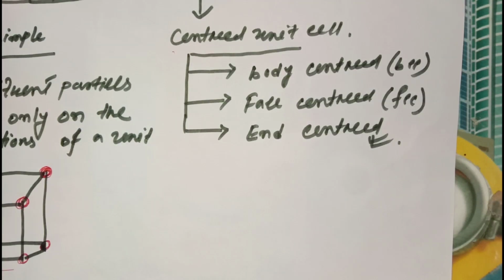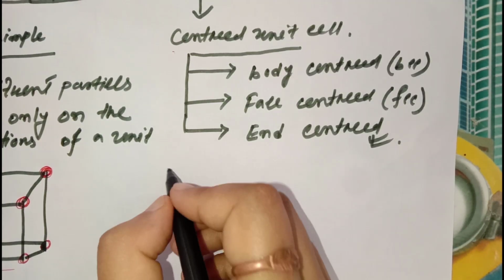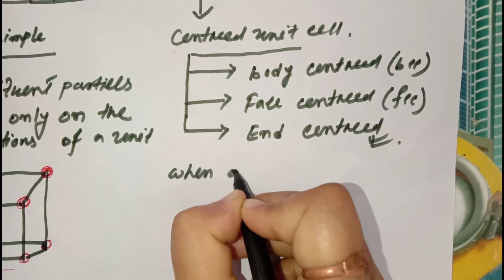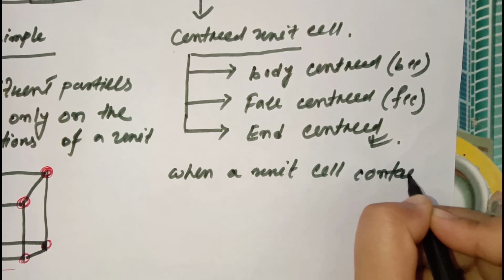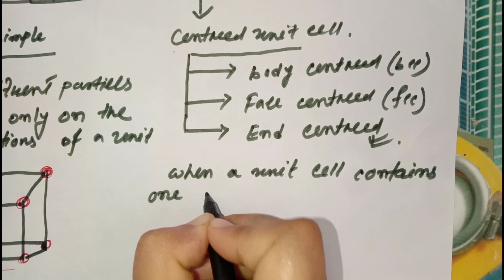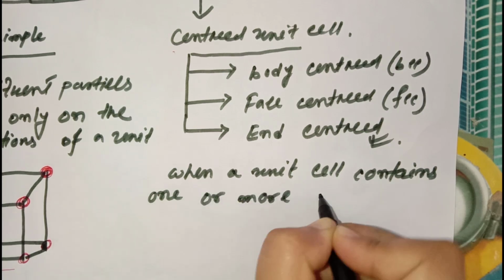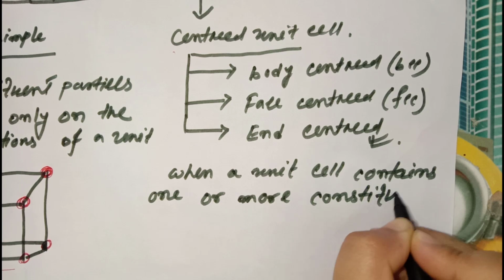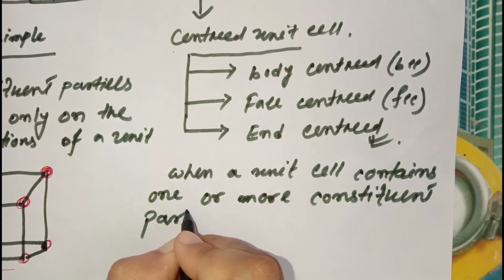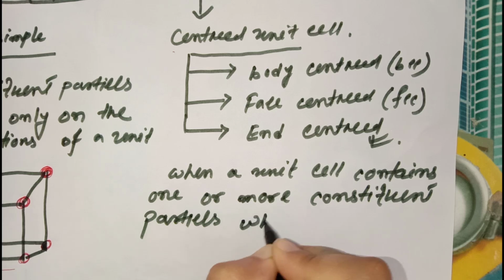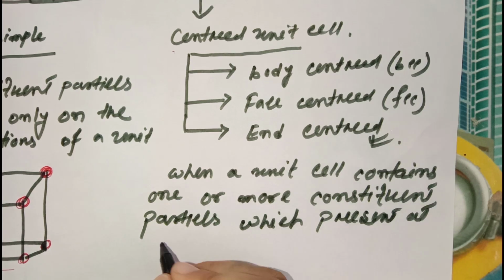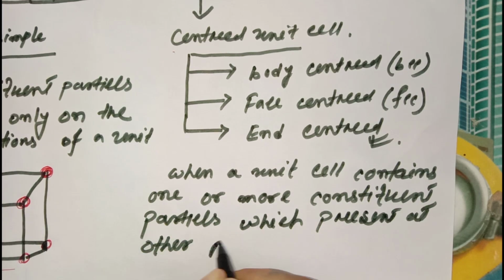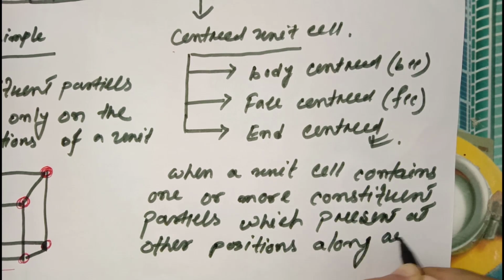So the definition of centered unit cell is what? I'm writing here, when a unit cell contains one or more constituent particles which are present at other positions along with corners.